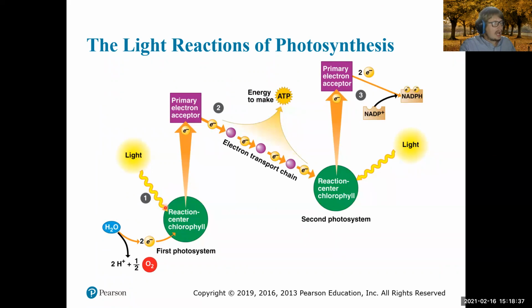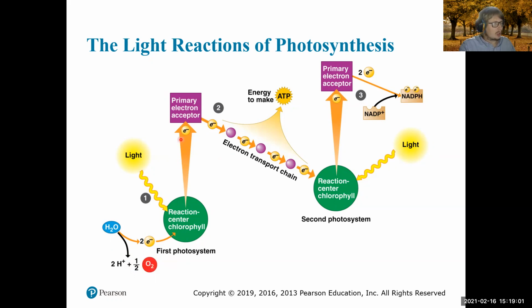As this electron is excited, another water molecule will be split, and the electron from it will take its place. This splitting of the water molecule is essentially breaking it apart, so you have oxygen molecules leaving. That's where the oxygen gas comes from in the photosynthesis process.